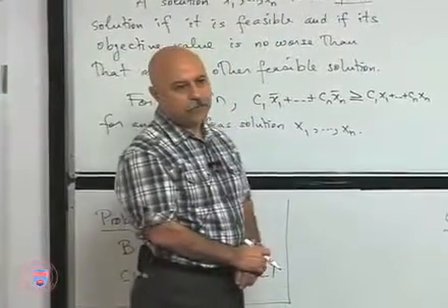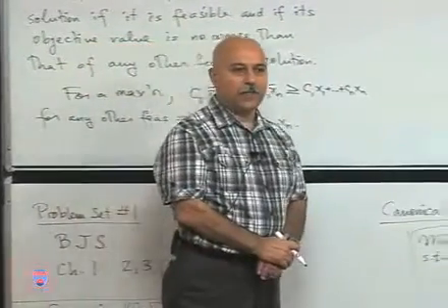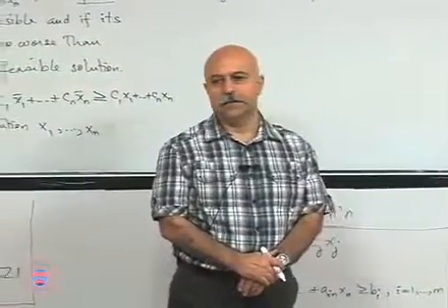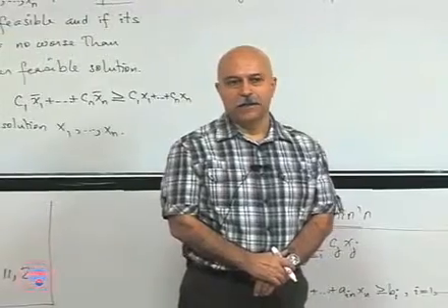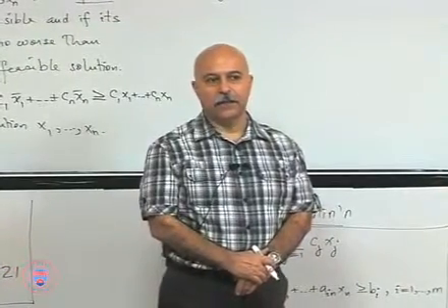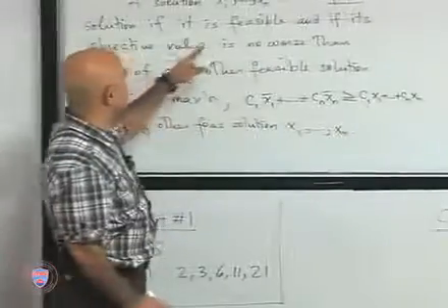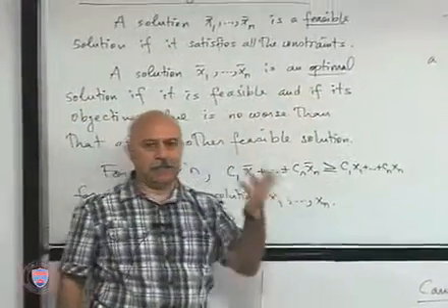Number two, you may have a feasible solution, so the feasible set of solutions is not empty. Nevertheless, you may not have any particular feasible solution which fulfills the requirement of being optimal. How does that happen?